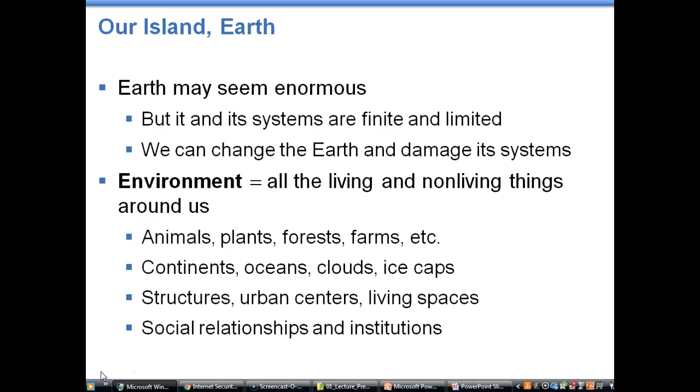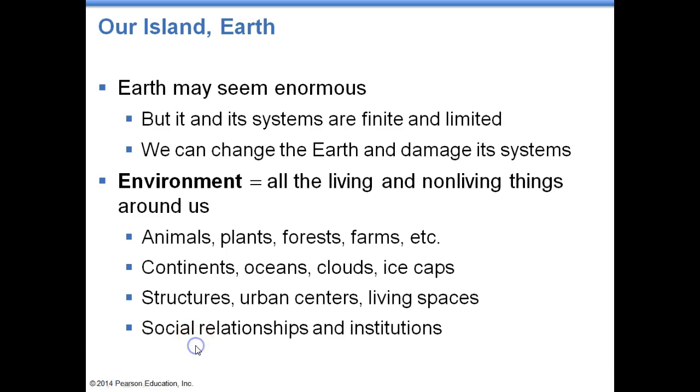We're going to look at structures like urban centers and the impacts that they have and the living spaces for all organisms, and then the social relationships and institutions that can impact the changes that we will be seeing as we go along through this course.